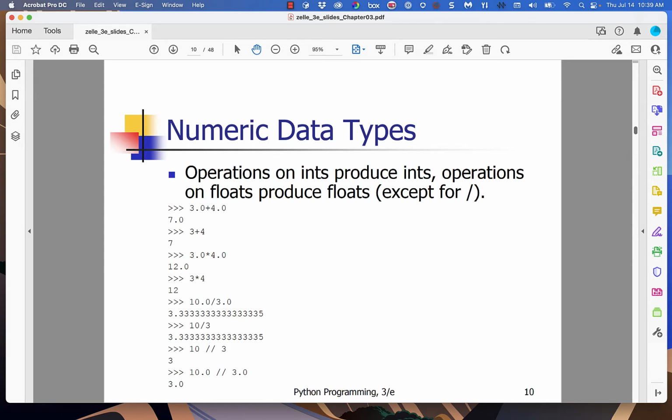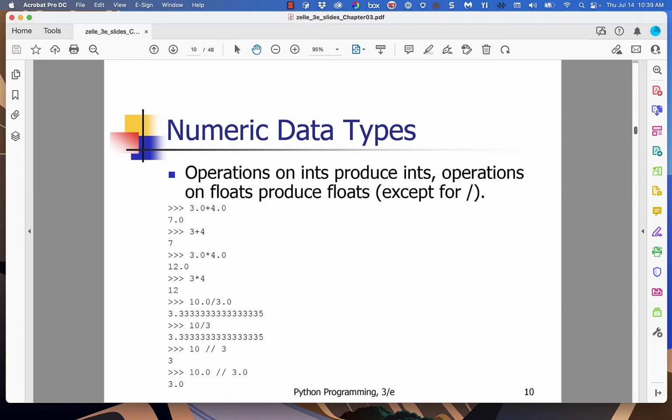Now, generally speaking, if we have int values and we are performing some kind of mathematical operations on them, we're going to get ints. Okay, and generally speaking, if we have float values and we perform some mathematical operation on them, we get floats.